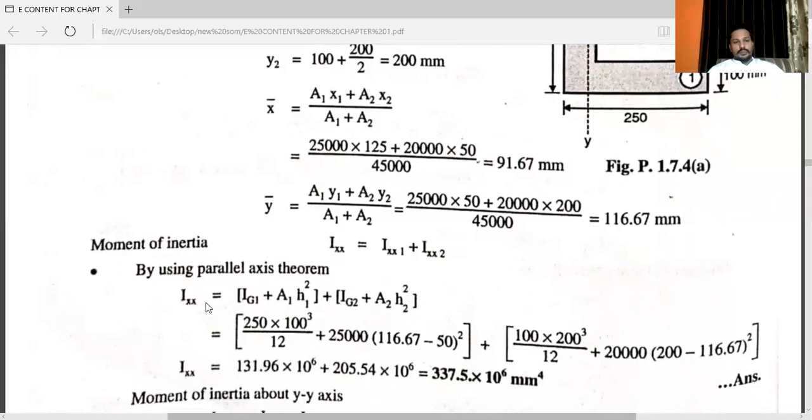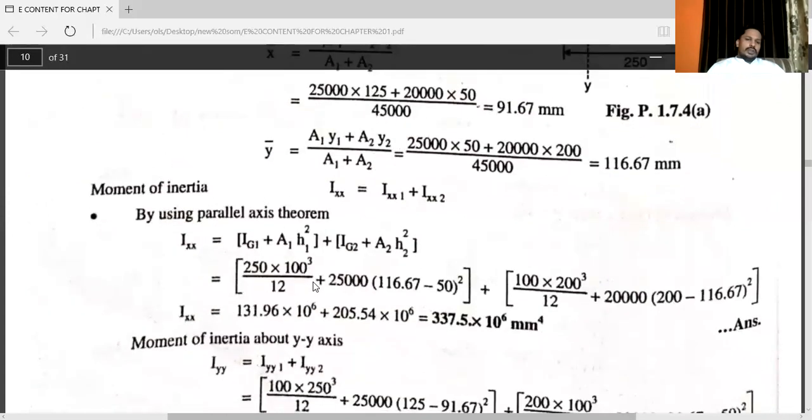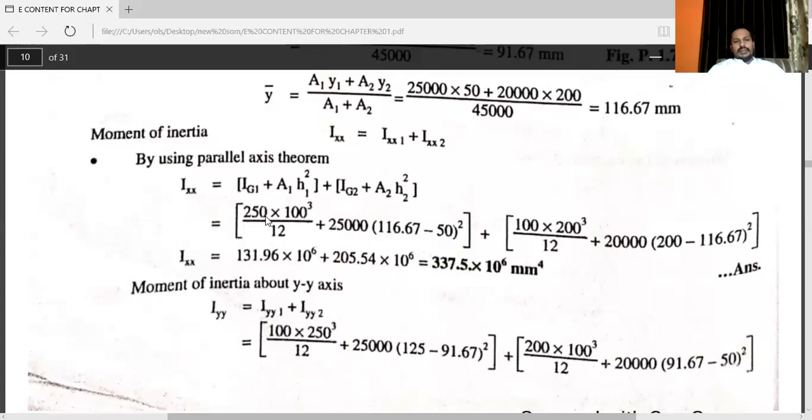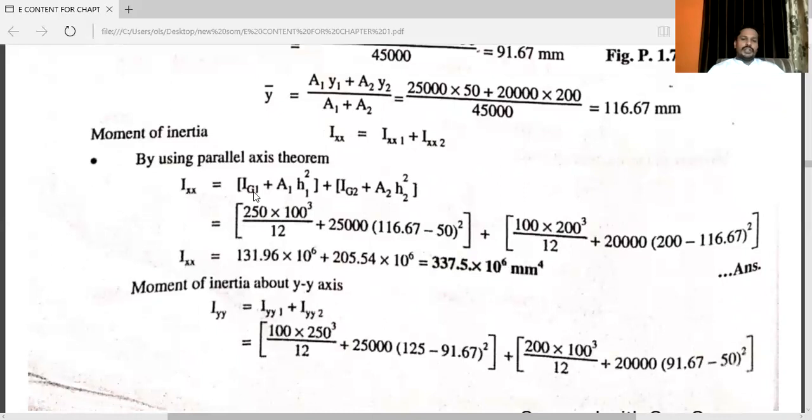See, the parallel axis theorem is Ig1 plus A1 H1 square for the first rectangle. For the second rectangle, Ig2 plus A2 H2 square. See, here we know how to calculate Ig, that is the moment of inertia about the centroidal axis of a given rectangle.